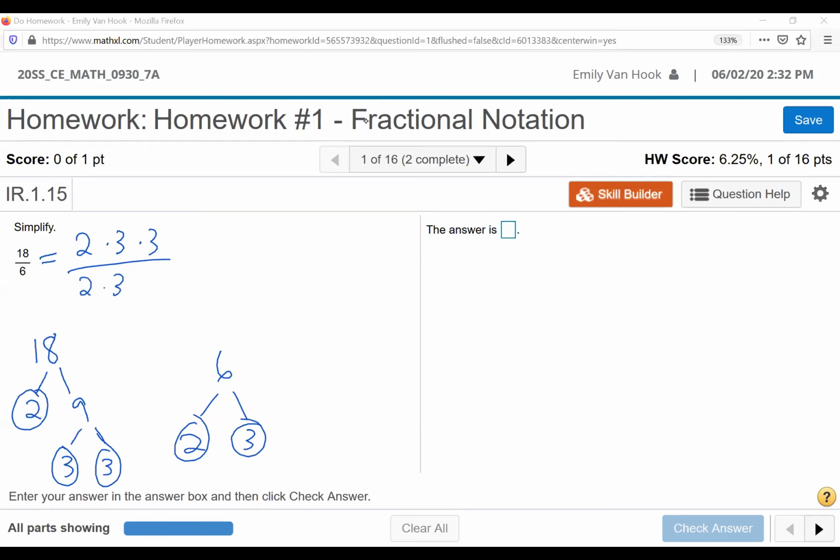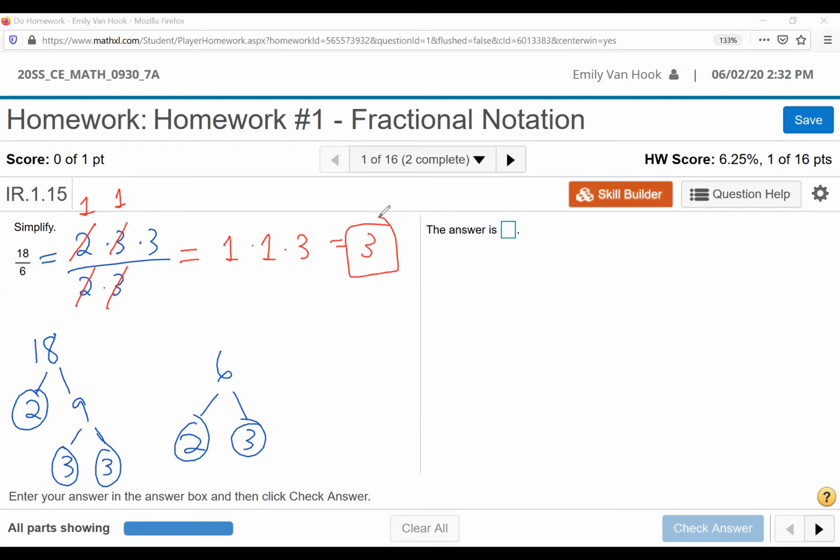Okay, and then we can cancel out our common factors. Now notice how it feels like I crossed out everything in the denominator. Remember, that just means there's only a 1 left down here. So essentially what we have here is 1 times 1 times 3. Our answer is just 3.